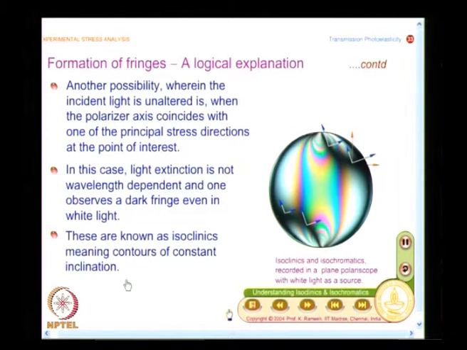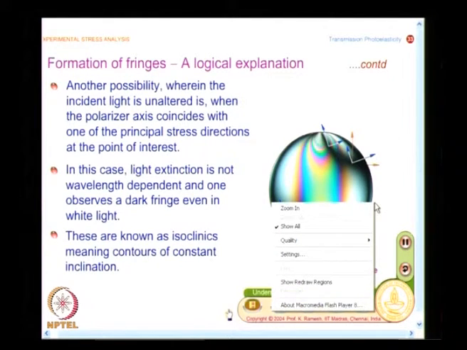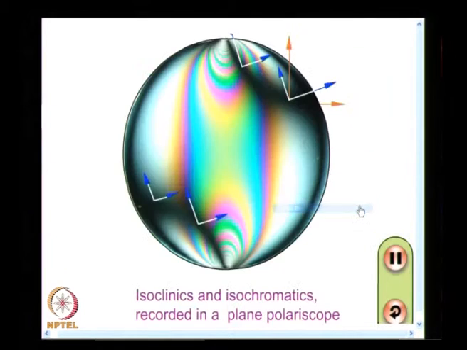And it will take some time for you to appreciate what these contours are. I think the picture is reasonably clear. Do you want me to enlarge it? I can also replay.